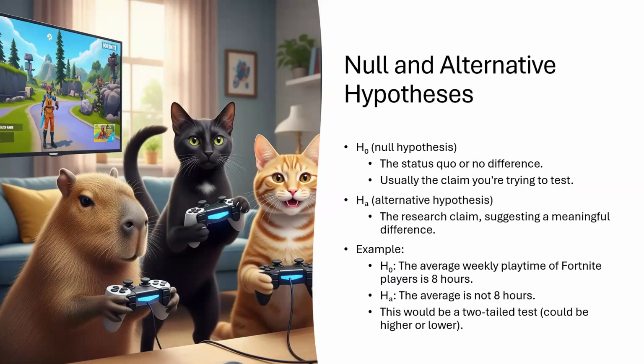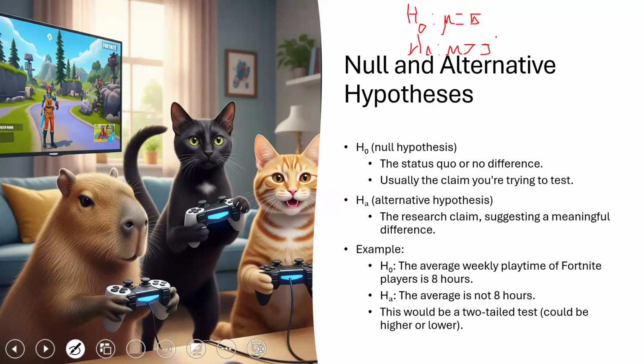For example, if a coffee shop claims their average wait time is 5 minutes, you might test the null hypothesis that the population mean is 5 minutes against the alternative hypothesis that the population mean is greater than 5 minutes if you suspect they're slower.